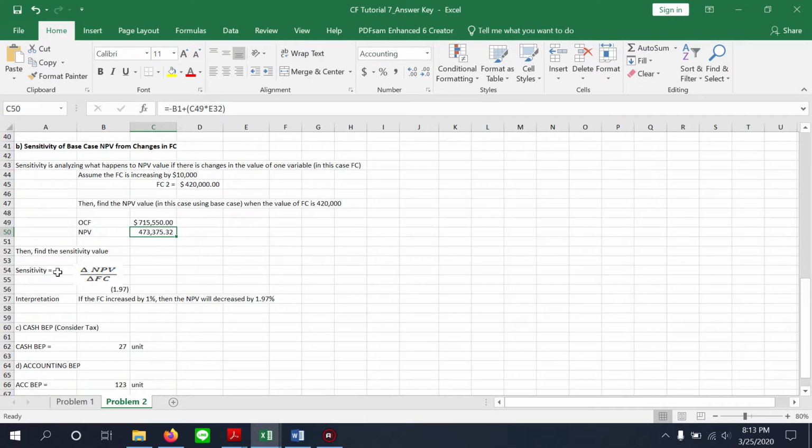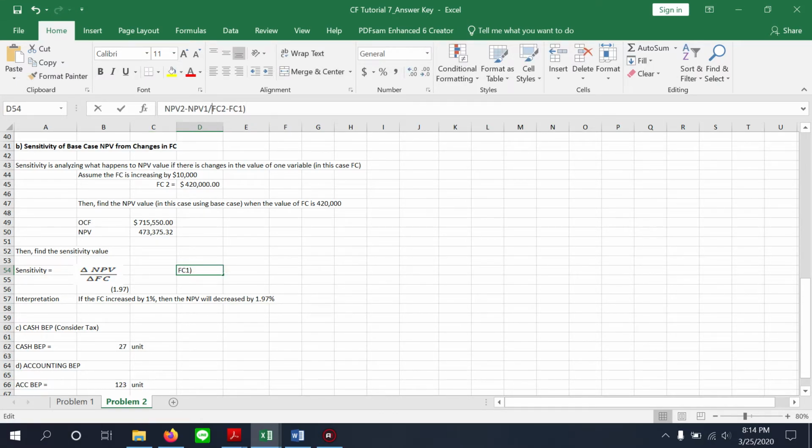And then for the sensitivity, you find the change of NPV divided by the change of fixed costs, or whatever variable you change, assuming the other variables are constant. So in this case, you will find NPV 2 minus NPV 1 divided by fixed cost 2 minus fixed cost 1.